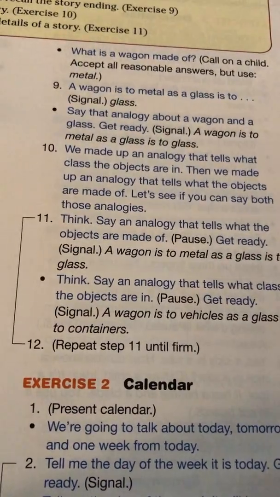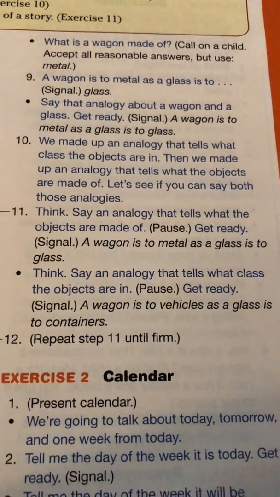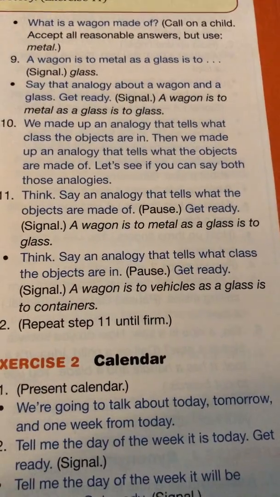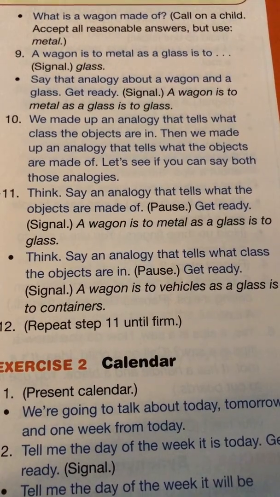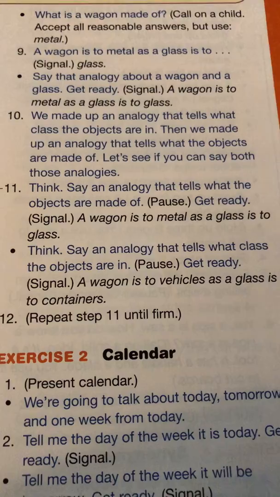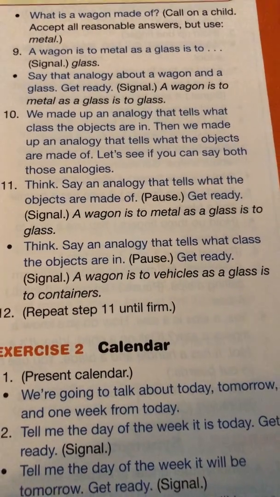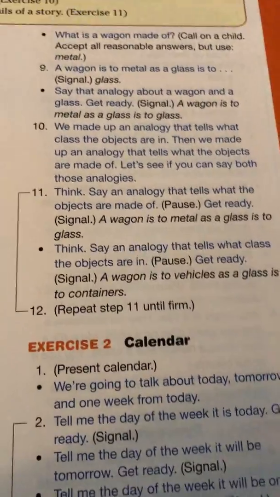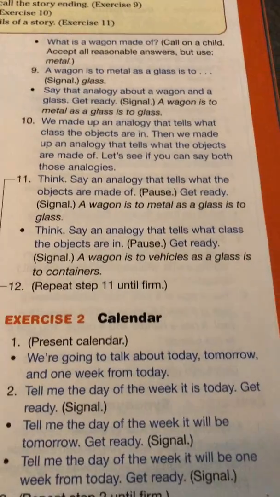Think big. Say the analogy that tells what the objects are made of. Turn your thinking brains on. Get ready. A wagon is to metal as a glass is to glass. Listen. Say the analogy that tells what class the objects are in.